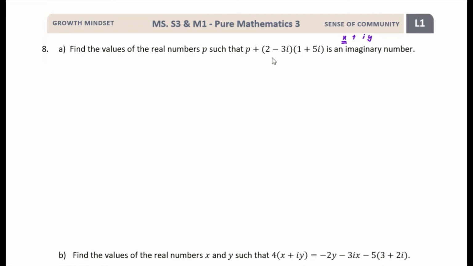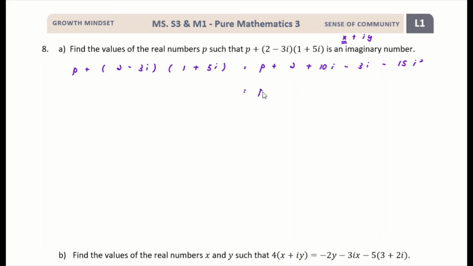Before we proceed, we might need to expand this first. So (p + 2 - 3i)(1 + 5i). Let us try to expand it. We have p + 2 + 10i - 3i - 15i squared.